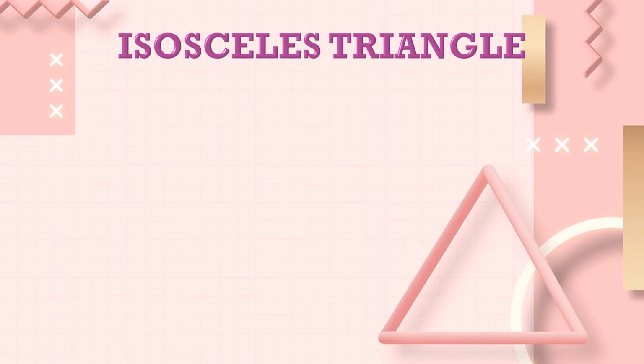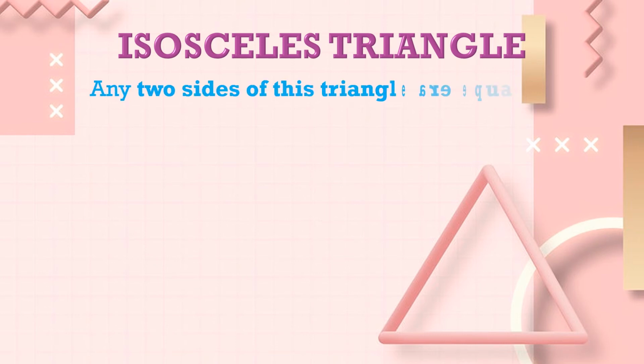Now let us learn about the next type of triangle on the basis of sides, which is the isosceles triangle. Now what do you mean by an isosceles triangle? Well, this word iso means two.